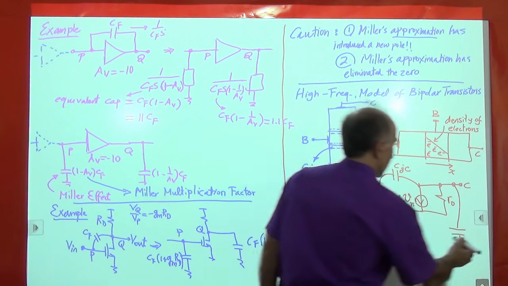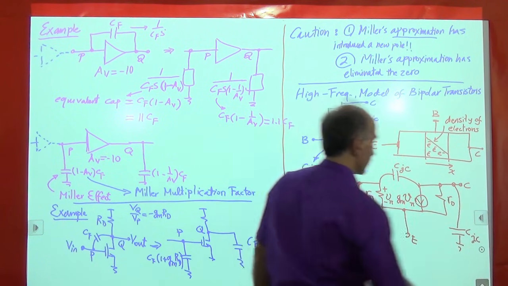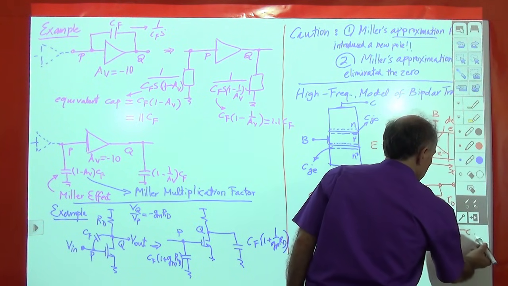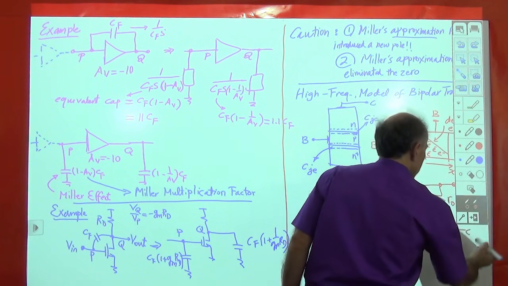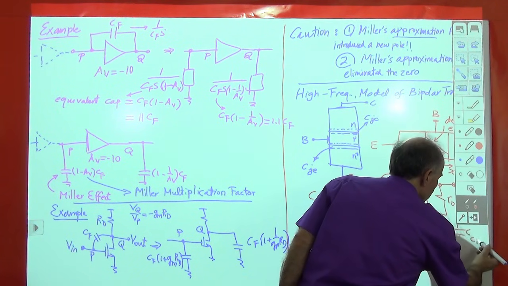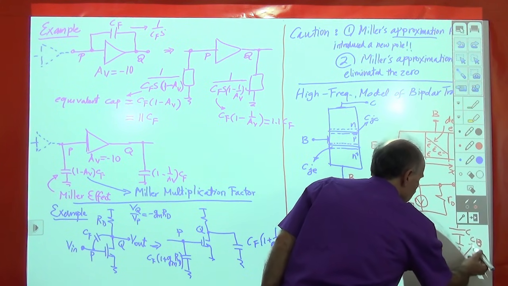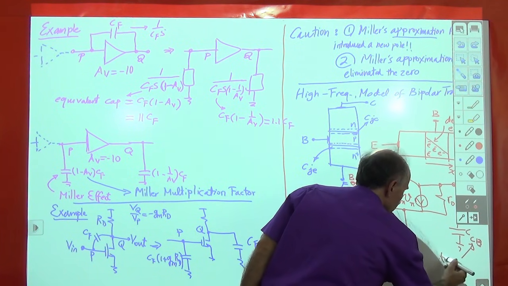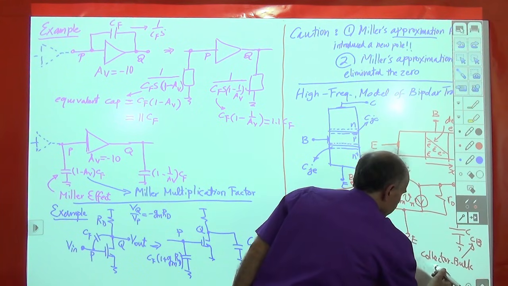We don't call it CJC, we call it CCB or CCS. CCB means collector bulk capacitance.